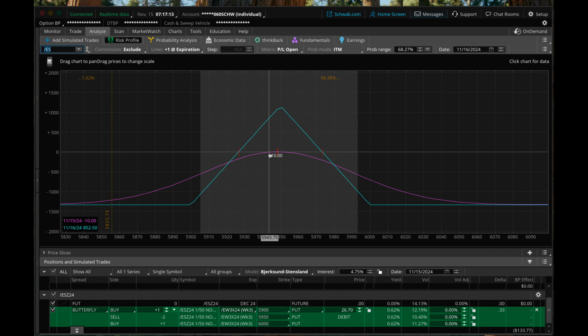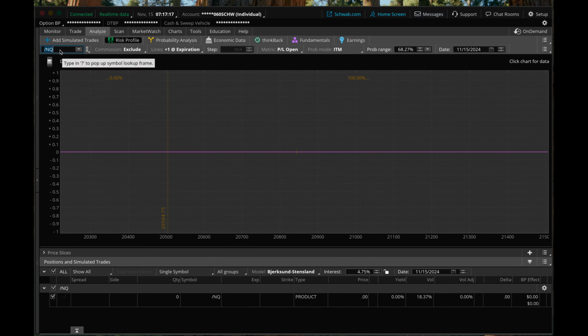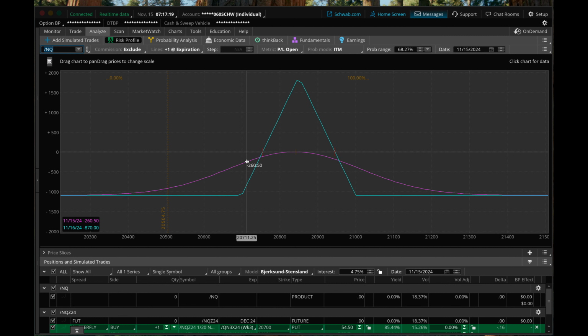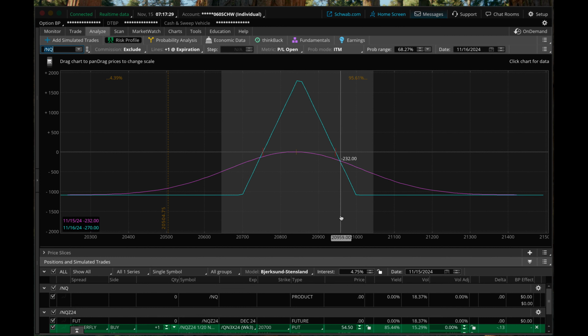Working with one monitor this morning is a little bit challenging, and it's a smaller one at that. All right. So the NQ is priced at 55 or 54.50. So that is definitely within our ballpark, and so I'm going to recommend that we take that trade this morning.